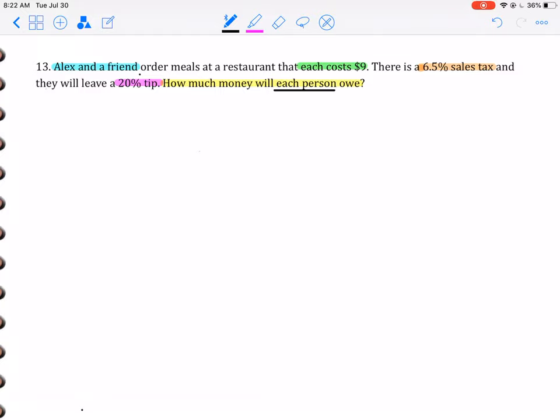And I like to start for myself by just setting up the story in my own words. And that allows me to make sure that I have truly understood the problem. So what we're saying is that we're going to add the meals, the tax, and the tip.